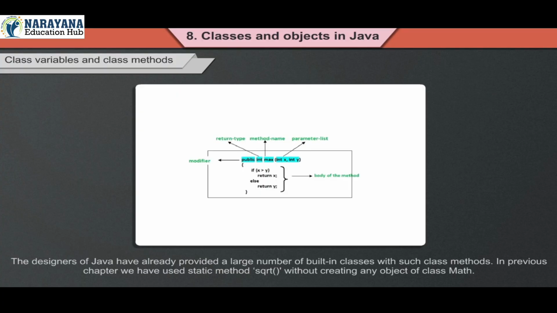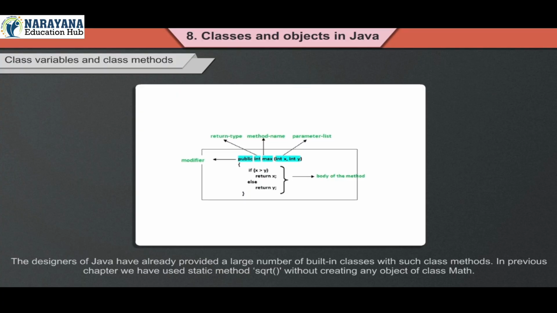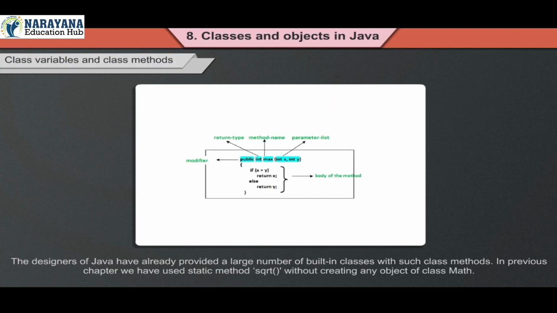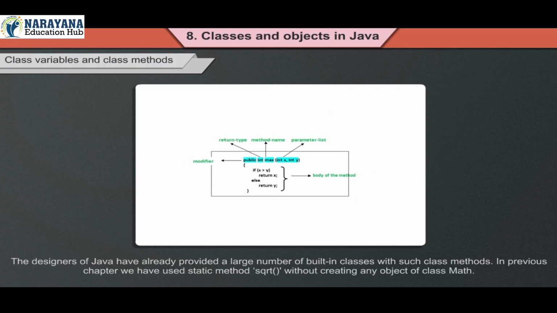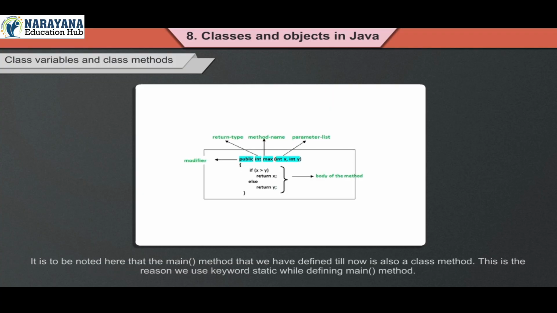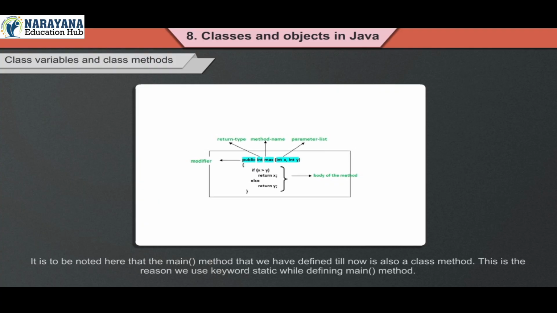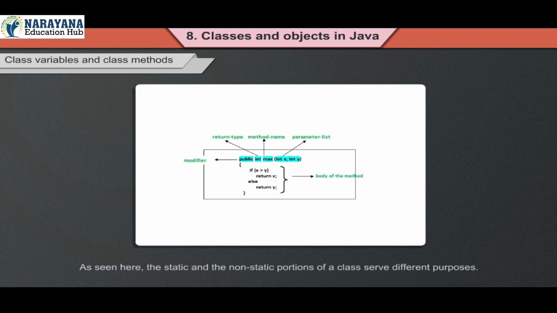The designers of Java have already provided a large number of built-in classes with such class methods. In the previous chapter, we have used static methods without creating any object of the class Math. It is to be noted here that the main method that we have defined till now is also a class method. This is the reason we use the keyword static while defining the main method.